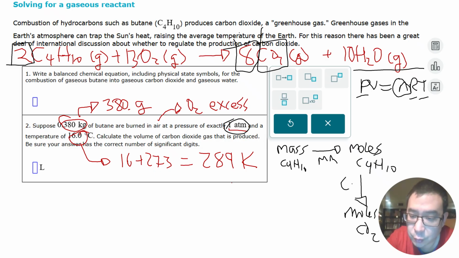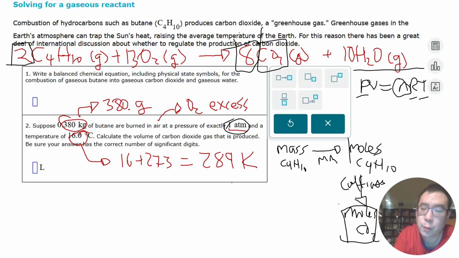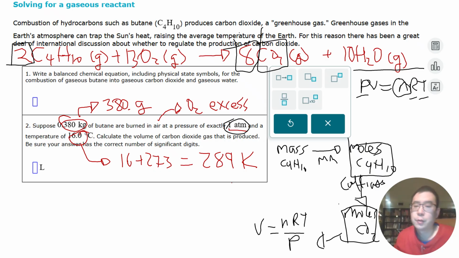That's the coefficients or the mole ratio. And then once I have moles of CO2, I'm going to use V equals nRT over P to get my volume.